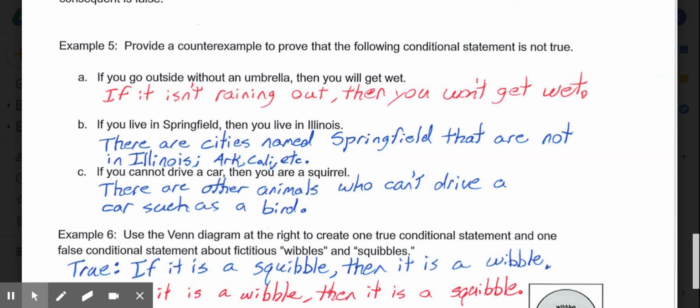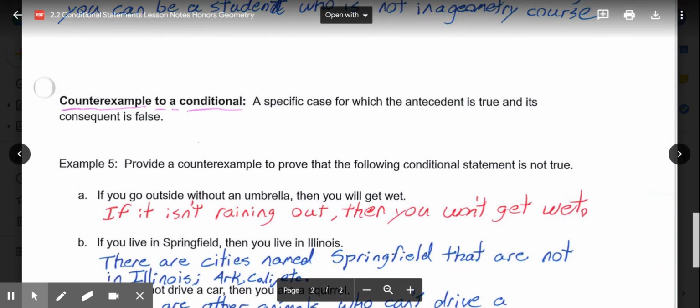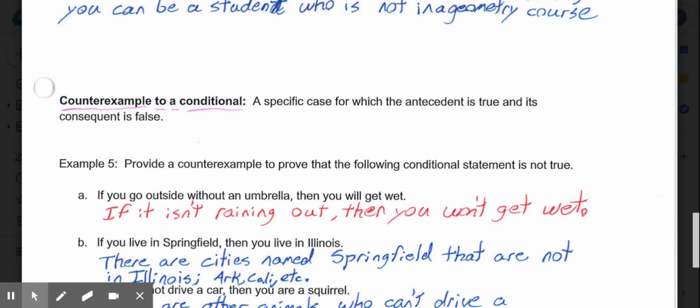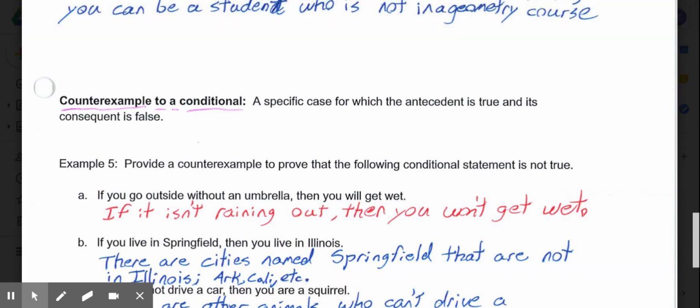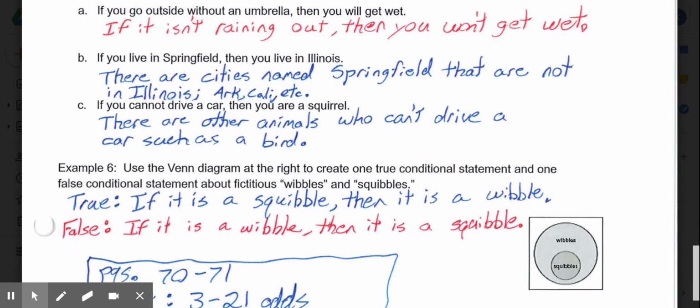So in that case, again, the counterexample is a case where the antecedent is true. We still could go outside without an umbrella. That may be true. But the consequent, the conclusion, would be false. We're not going to get wet because if it's not raining out, we won't get wet.